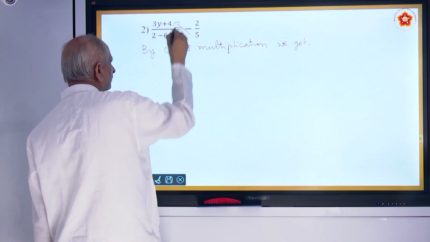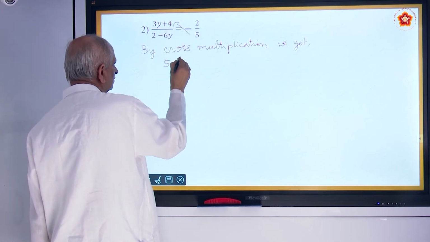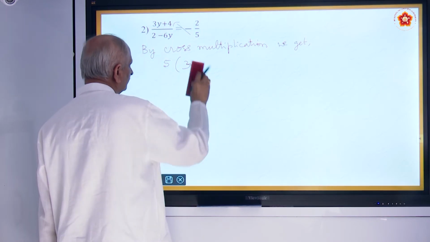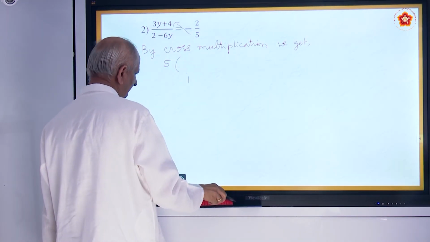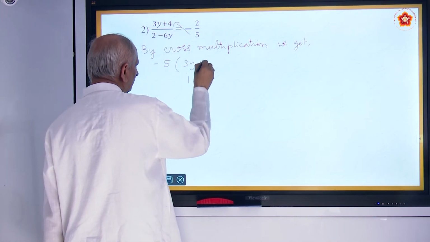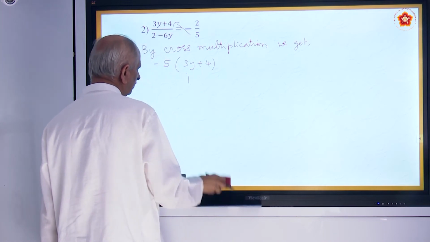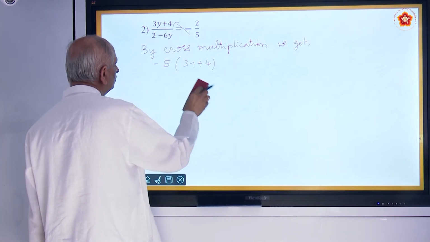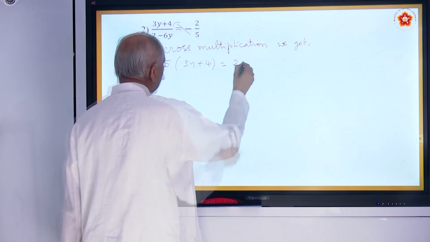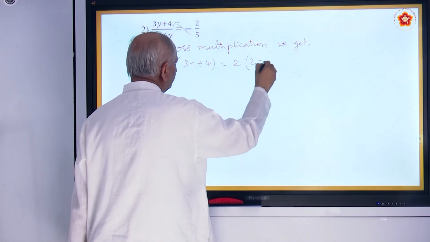So by cross multiplication we get, so 5 into 3y plus 4. So there is minus. 3y plus 4 is equal to 2 into 2 minus 6y.